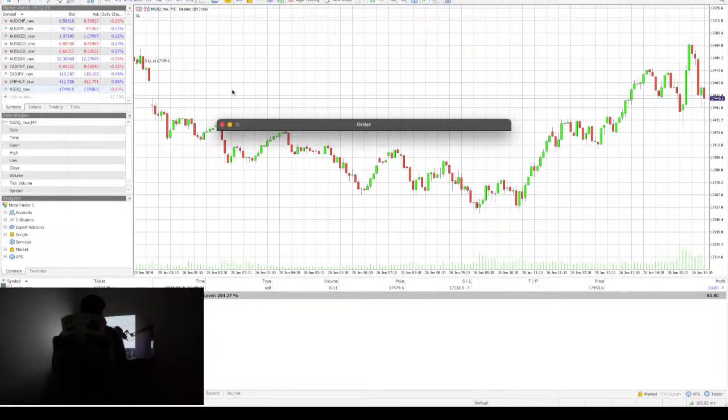This MT5 keeps on hanging on this MacBook. I don't know what's the reason. That's why I have to sometimes place orders from my mobile.